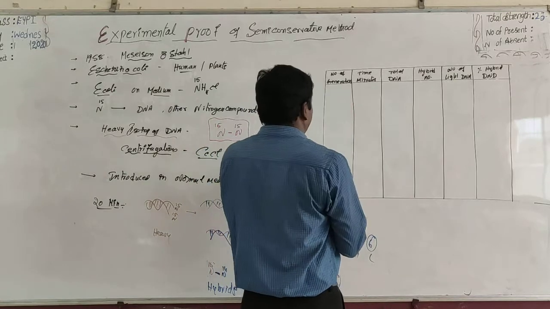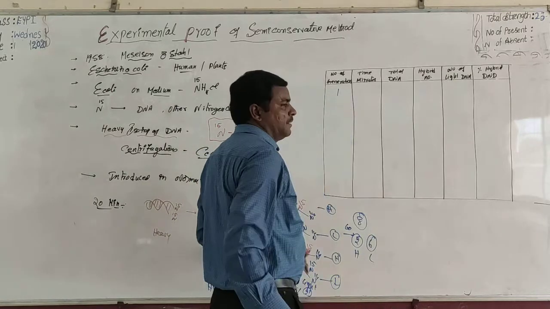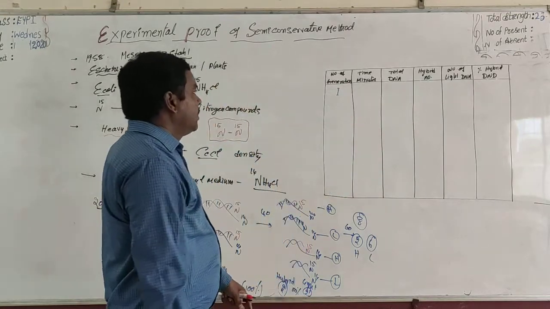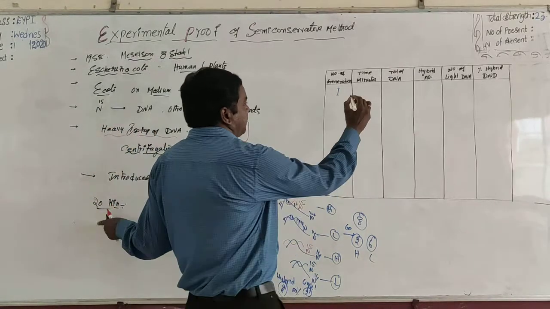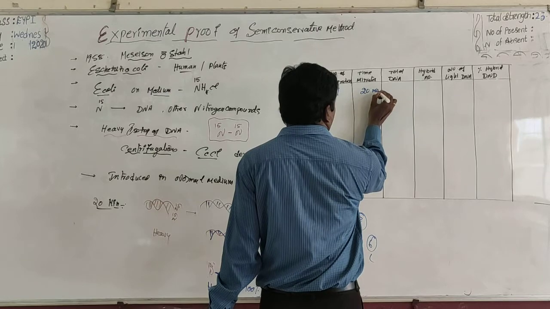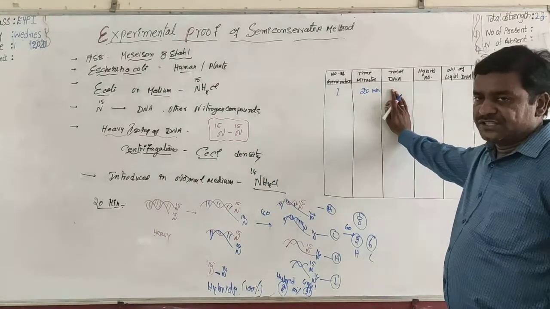Here after first generation, time is 20 minutes. How many DNA molecules are formed after first generation?